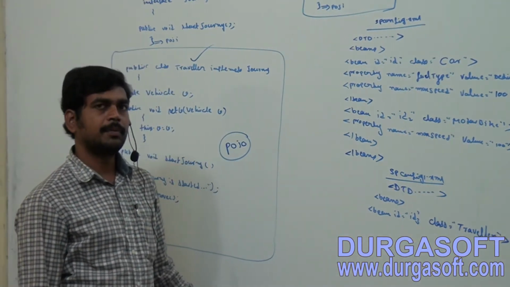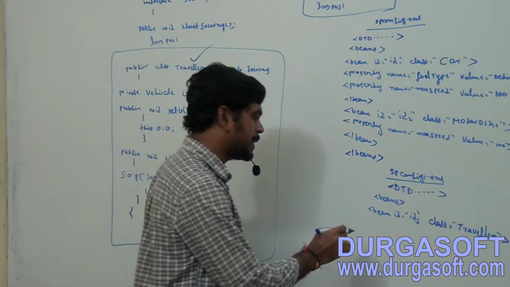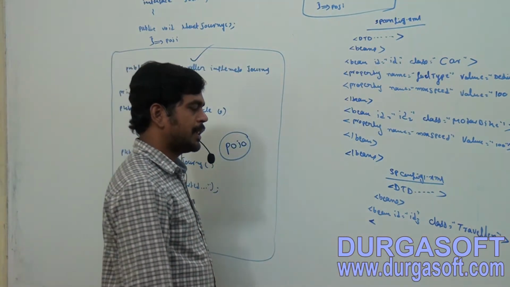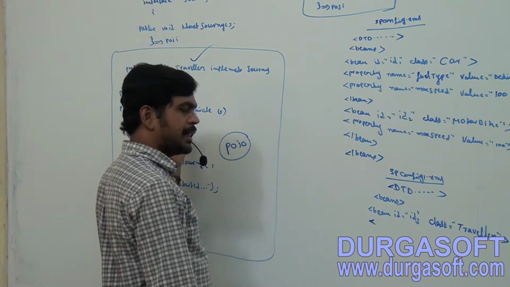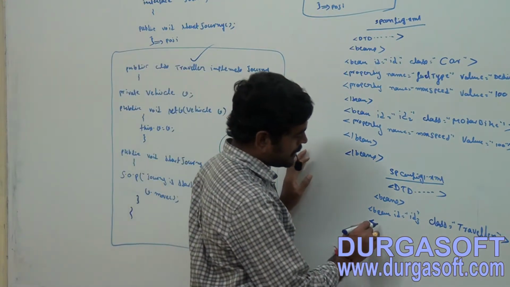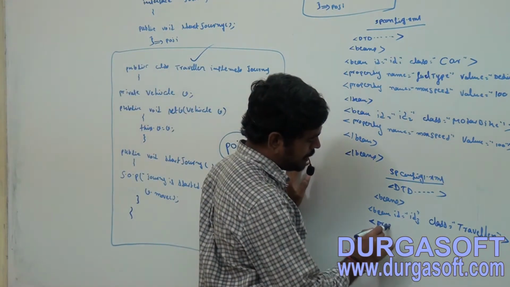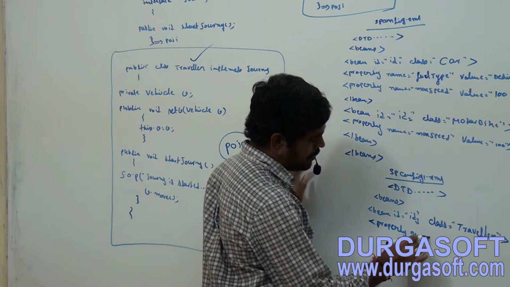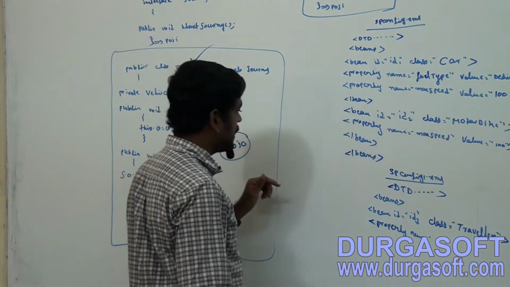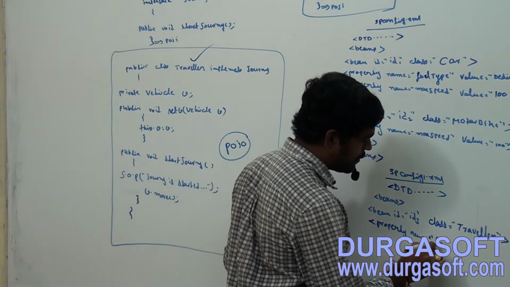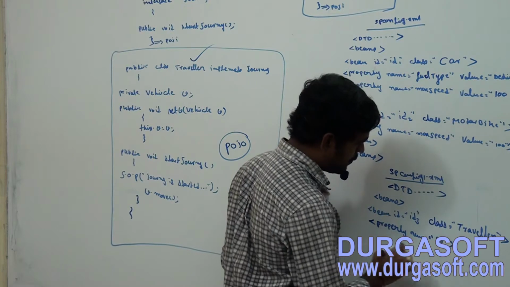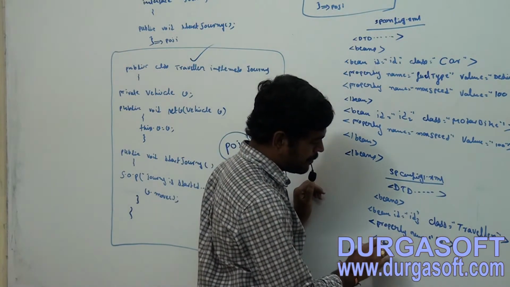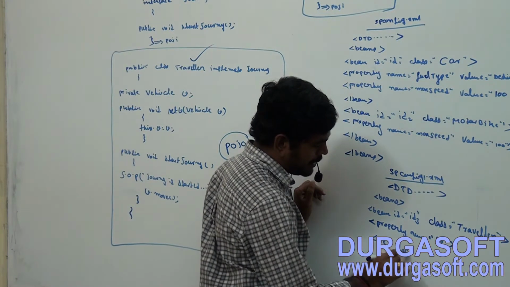Then next after that, a setter method is there, right? That is the reason I am taking property. Property name is equal to v. Then next after that, ref, local is equal to.